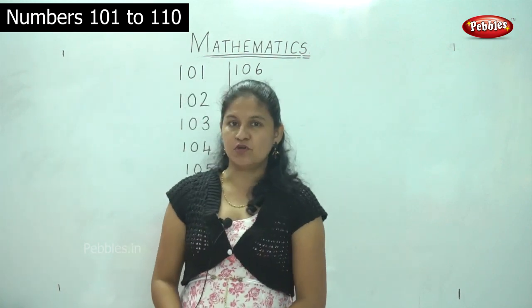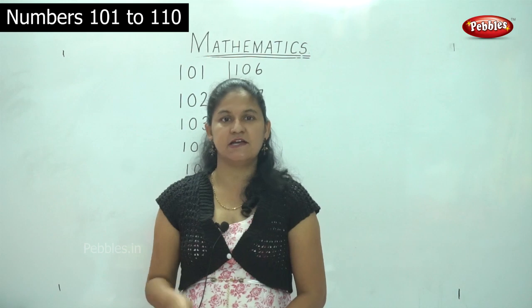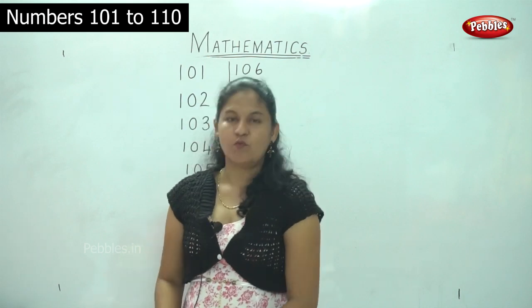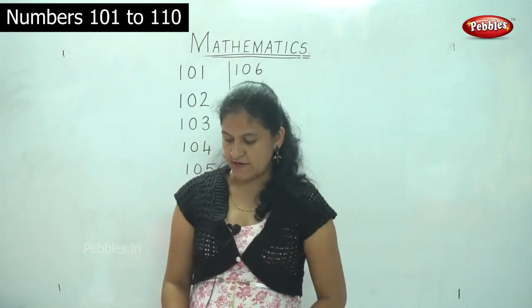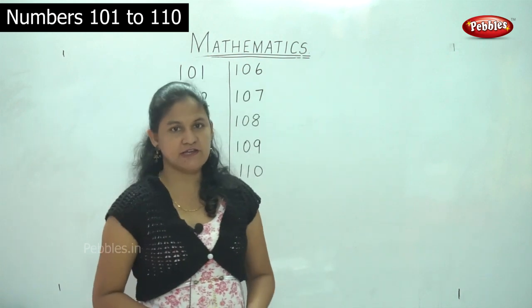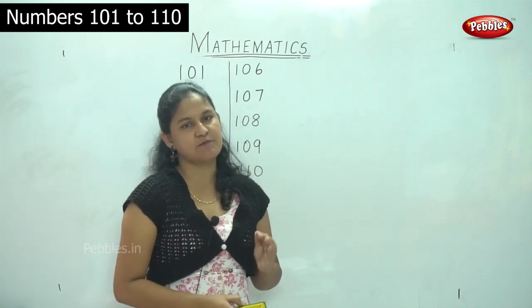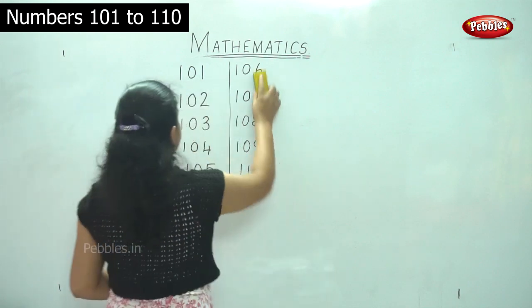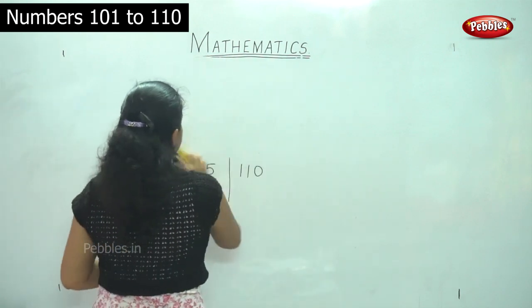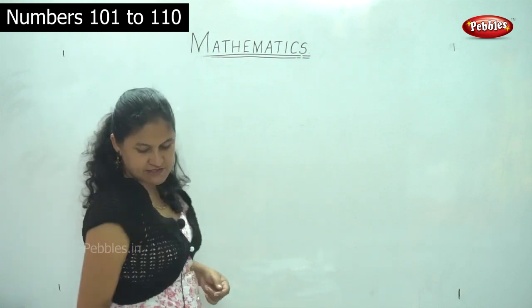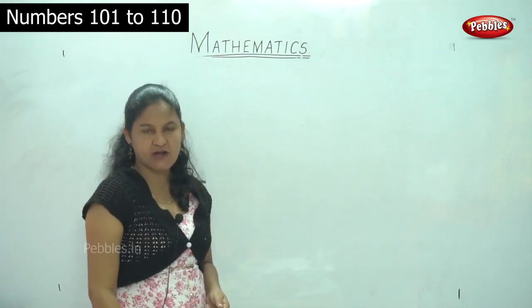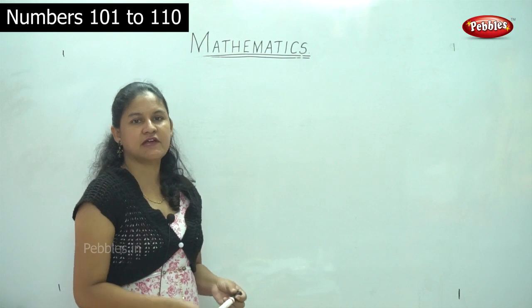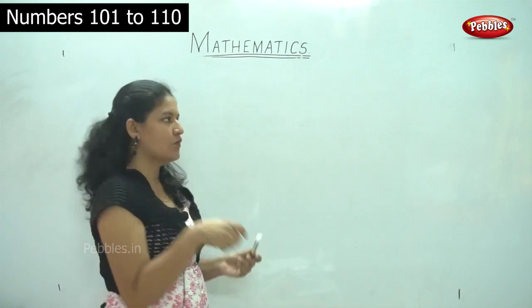Next we will move on to the most important thing, that is the number names for 101 to 110. So are you ready to learn the number names for the numbers 101 to 110? So the first number, we have learned the spelling for 100. Now we are going to write 101.